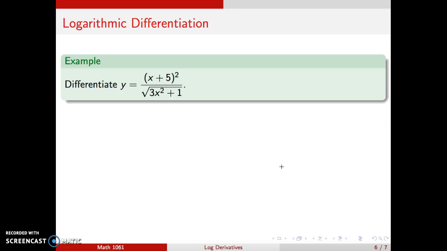So for example, if you want to do something like this, you could do it this way. Let's say option 1: quotient rule.